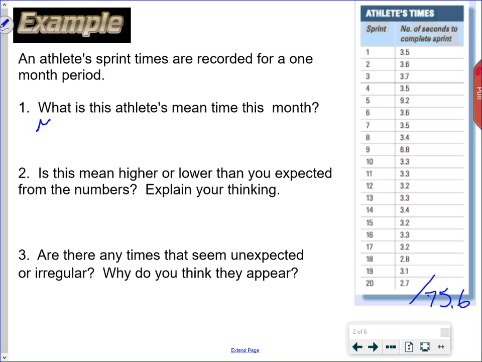So when we find the mean, we're going to use that 75.6 and divide by 20, because there are 20 times for this month. When we do that, we get a mean, or an average, of 3.78 seconds.